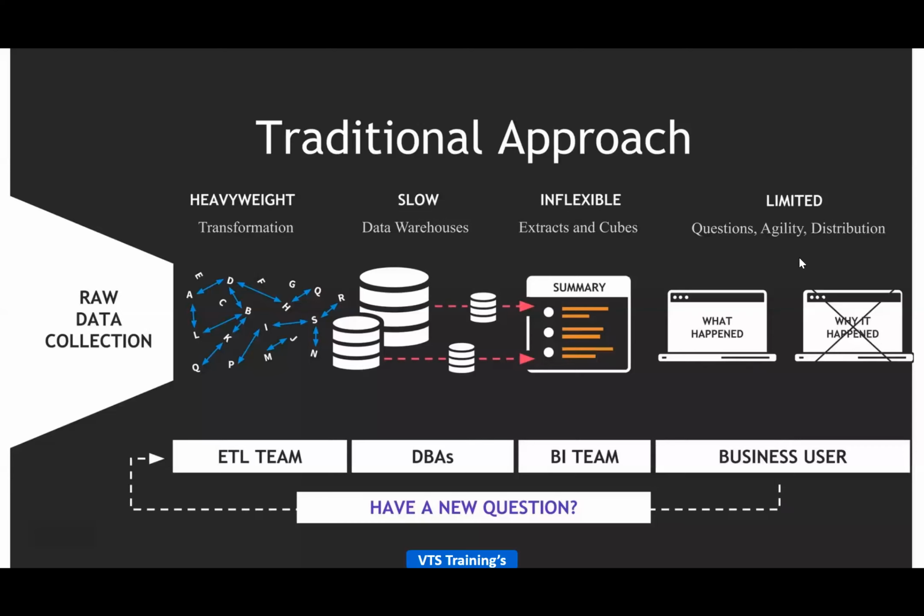Based on the ask, he will tell the ETL team, I require this data. Again they will extract, again they will do some transformation, then load it into the data warehouse. From there you need to extract and maintain the cubes and workbooks, then modify the existing report or create a new report according to the requirement, and then send it to the business user.